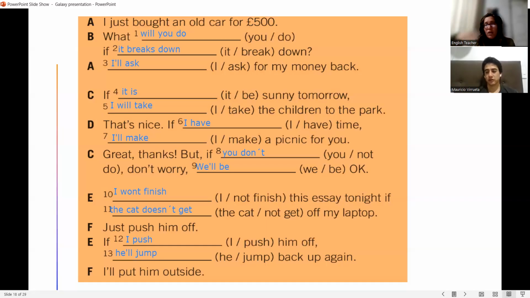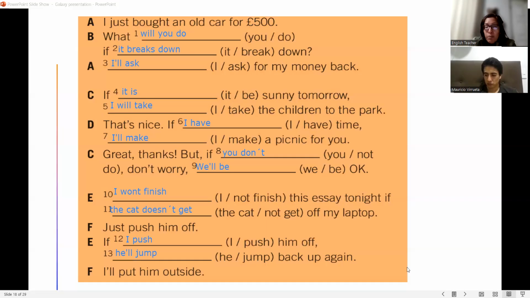Or you can say, if you want the loan today, send me the papers now. So you are using the conditional with an obligation, because it's now. But it's in present, so it makes it zero conditional.